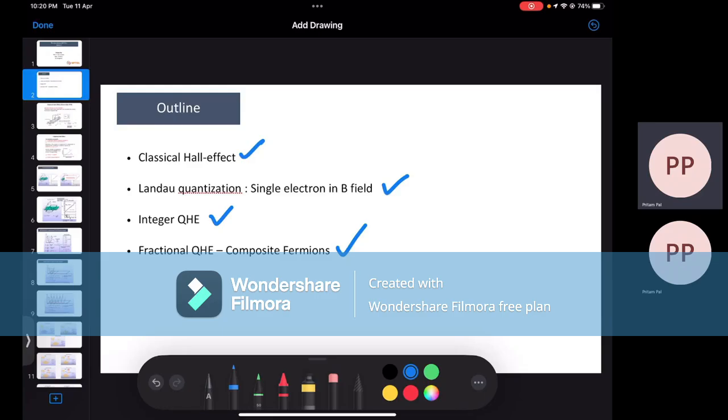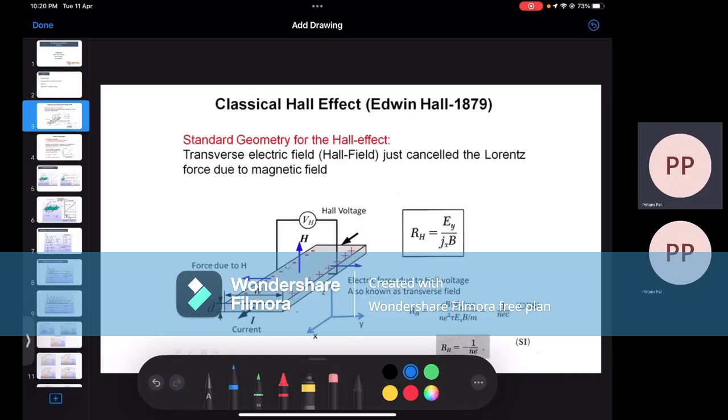First, you need to understand what the classical Hall effect is, before the quantum Hall effect.